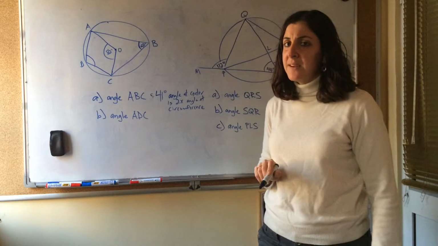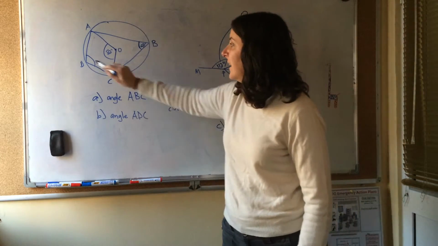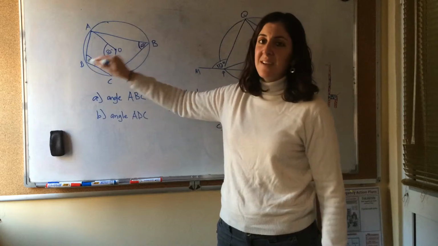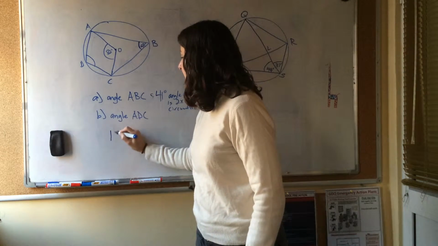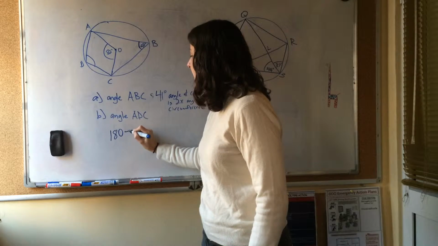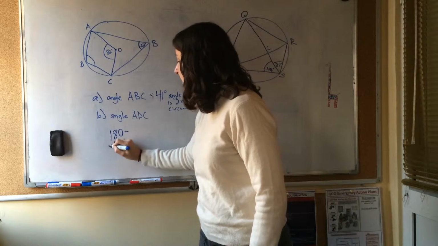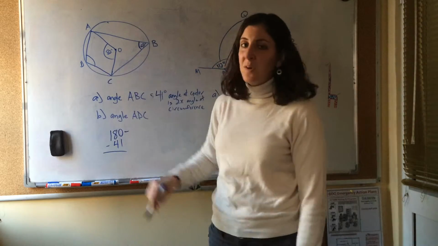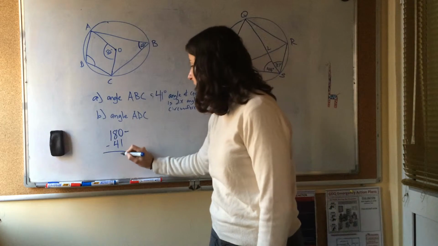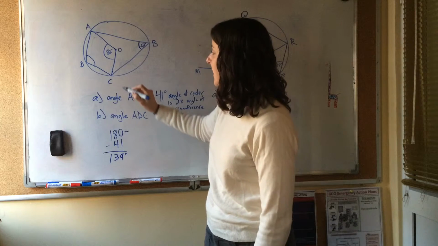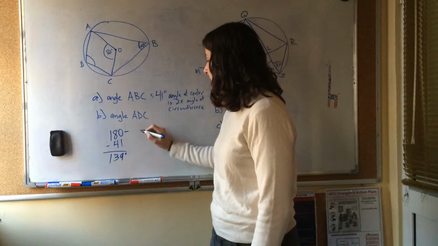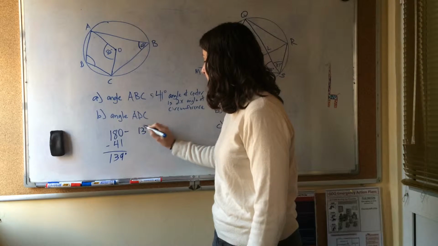Now comes in my cyclic quadrilateral. We know that opposite angles in a cyclic quadrilateral are supplementary. So what that means is 180 minus 41 is going to have to be what angle D is equal to. So if we go like this, 139 degrees. We can say equals 139 degrees.